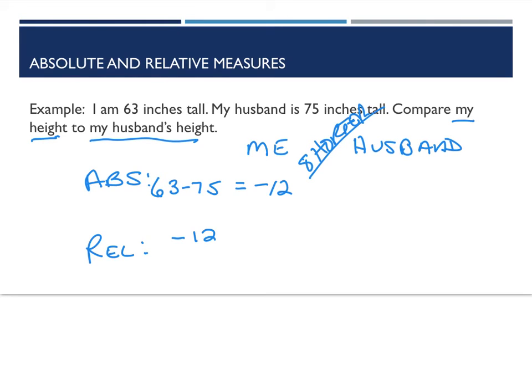The way that this is phrased, his height is the reference value. So if I divide 12 by 75, that gives me 0.16, which is negative, so negative 16%. This says I am 16% shorter than my husband.